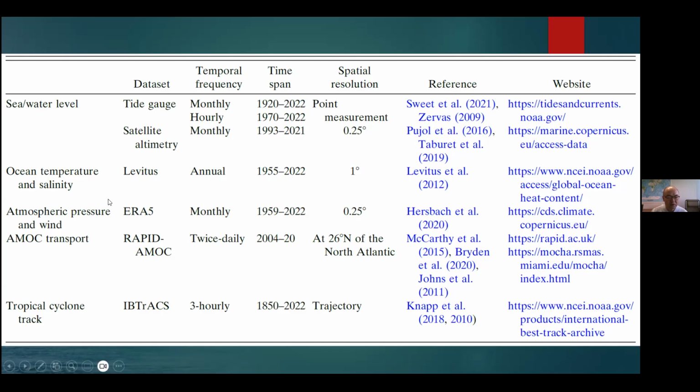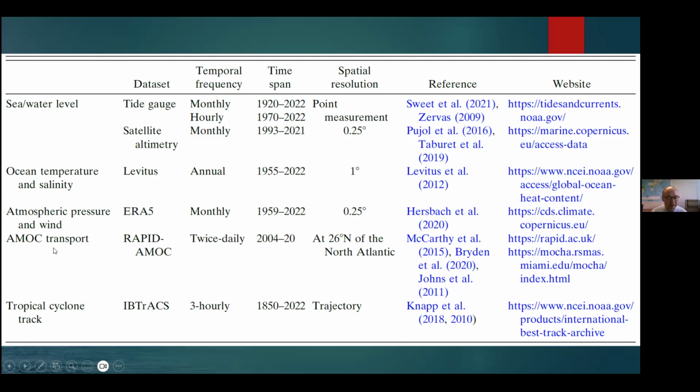For ocean temperature, salinity, steric sea level, and thermosteric and halosteric effect sea level data, these data are from the NCEI, the so-called Levitus data. The data cover 1955 to 2022, and the resolution is 1 degree. Atmospheric pressure and wind data are from ERA5.